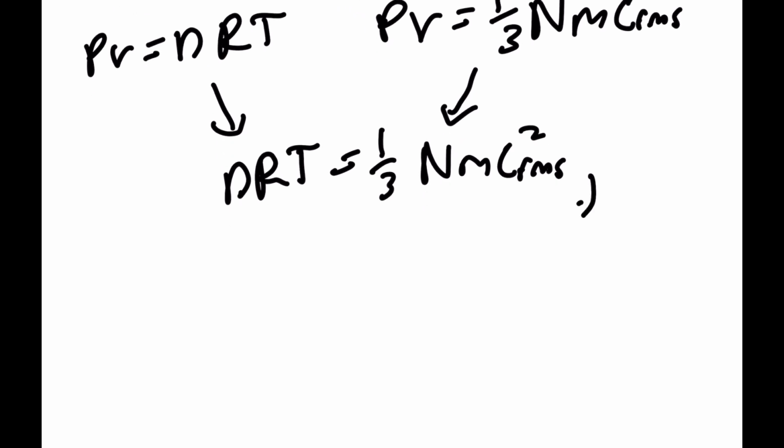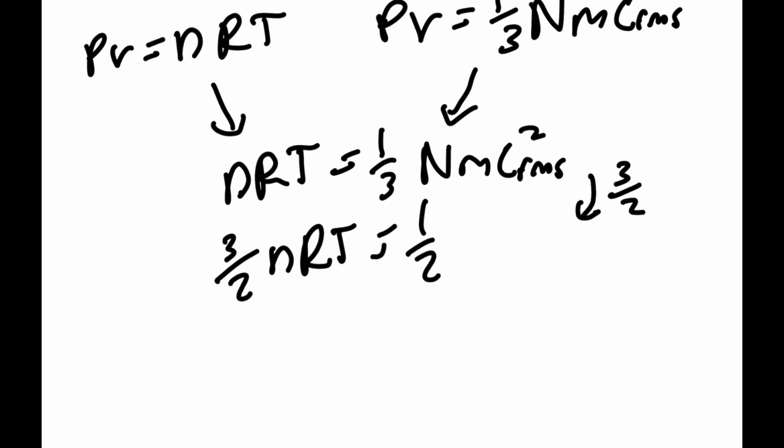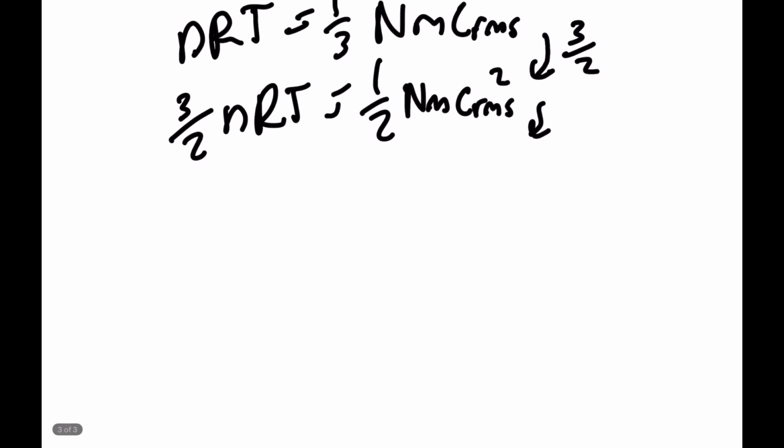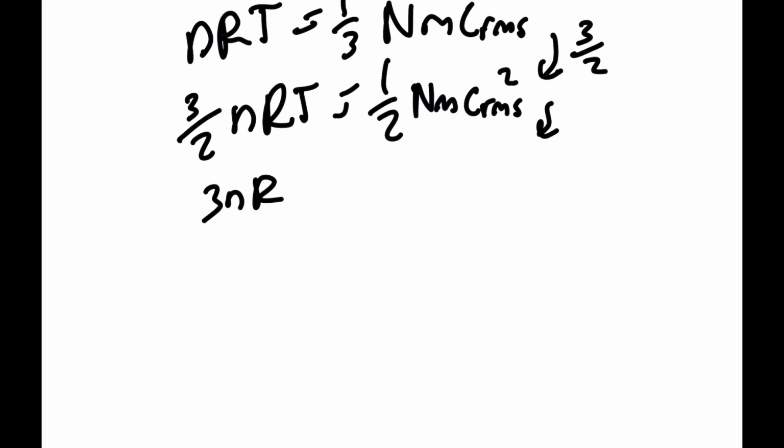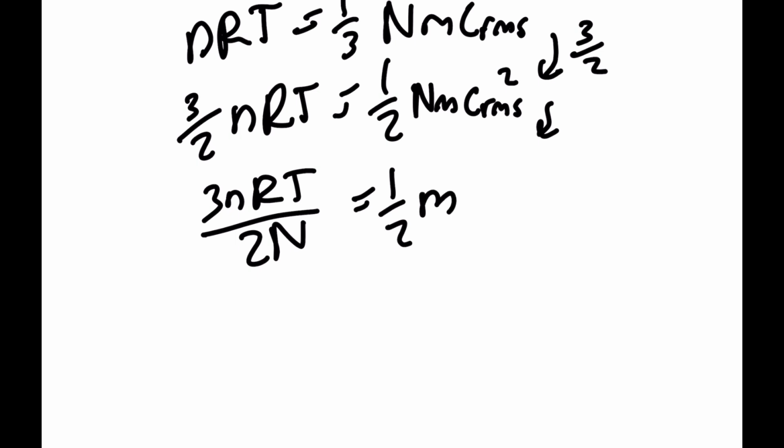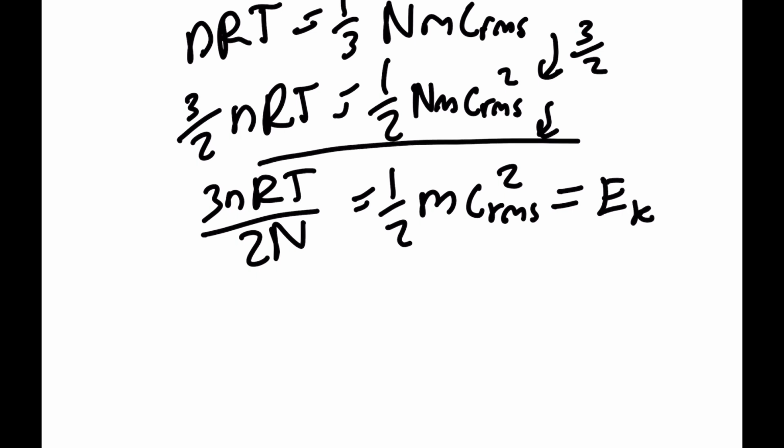If we times by 3/2 on both sides, we'll get 3/2 nRT, and then a half N m c_rms squared. So if we divide by N on both sides, we get 3nRT/2N is equal to a half m c_rms squared, which is equal to the average kinetic energy of particles. So we have a nice formula here.